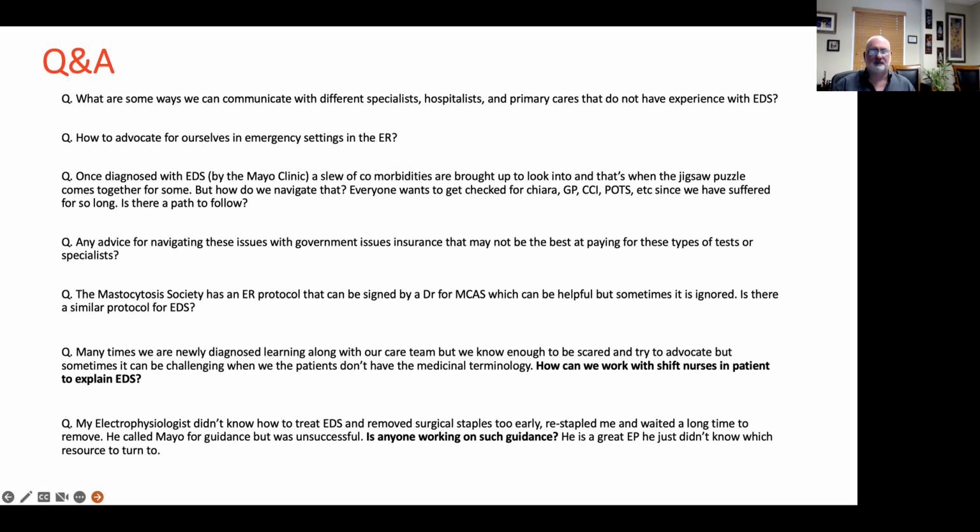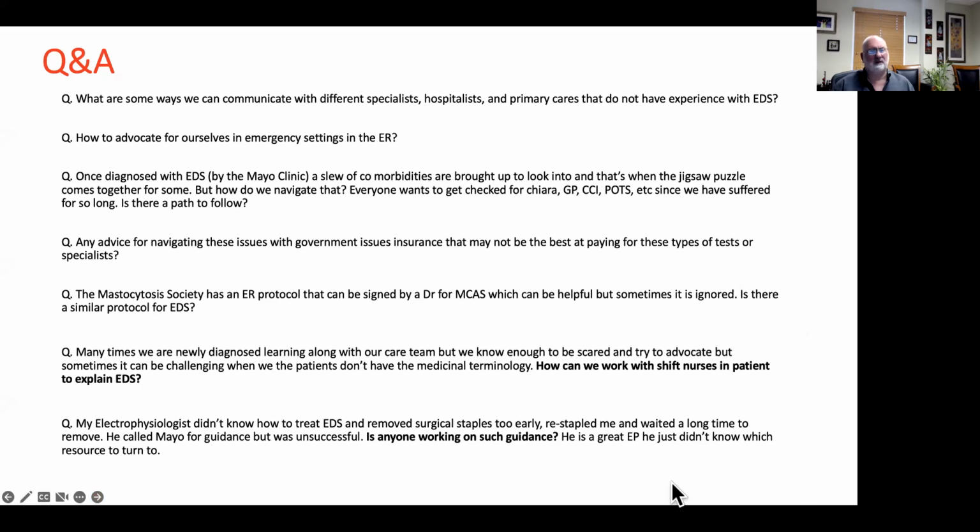As you know, going to the ER is a pretty traumatic event for most of us, because ED departments just don't seem to understand EDS. So how can we advocate for ourselves when we're in the ER and trying to get them to understand? Well, of course, it's the same thing. I think reading this paper will help you no matter where you're at.